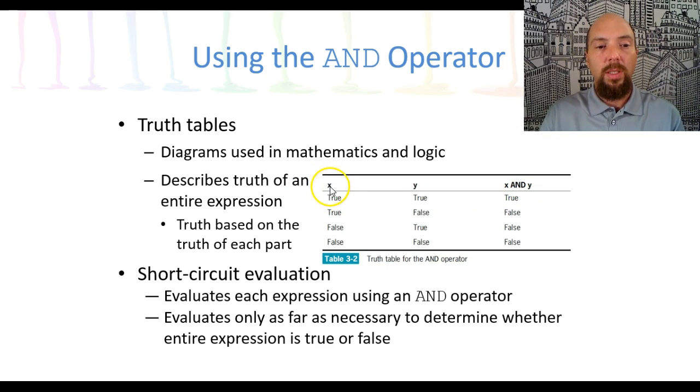The way that it works is I have the first condition, we'll call it X, and our second condition is Y. So if the person's age is greater than or equal to 13 and their age is less than 20, then something will be true. If I type in 15, their age is greater than 13, so that would be true. Their age is less than 20, so that's true. So therefore the whole thing is true. If both of those are true, then the whole thing is true.